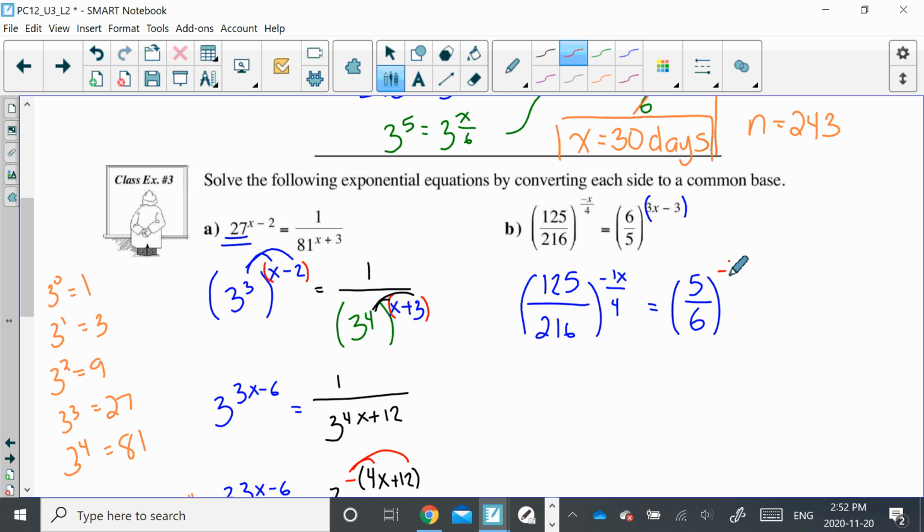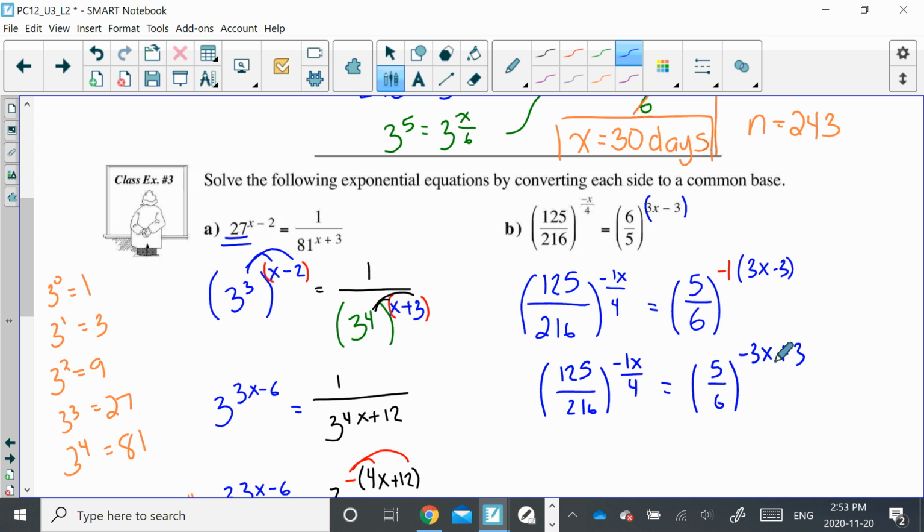So I have to put a negative in front of this bracket. Okay, from here, I have 125 over 216, negative 1x over 4 is equal to 5 over 6. If I distribute that negative 1, I get negative 3x plus 3.